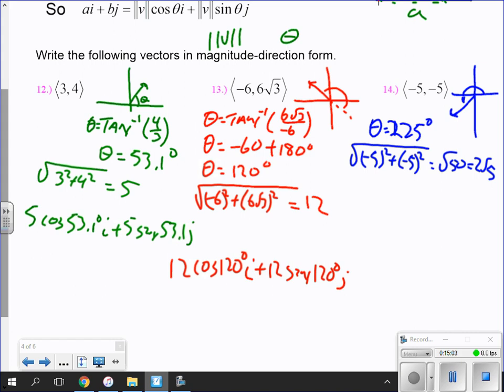It's 5 root 2. See, 5 root 2. So I end up with 5 root 2 cosine of 225 i plus 5 root 2 sine of 225 j.